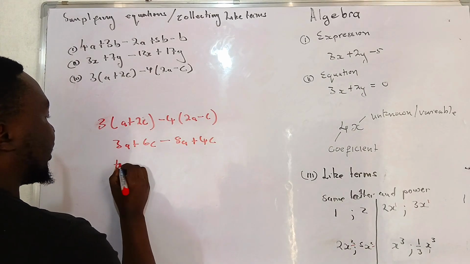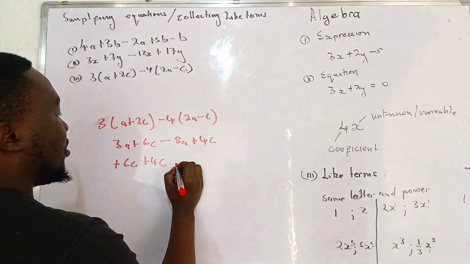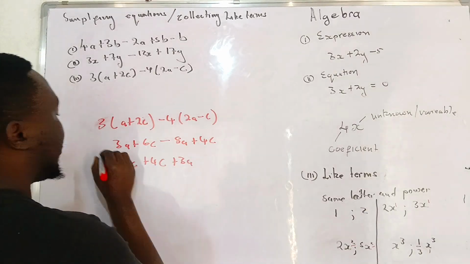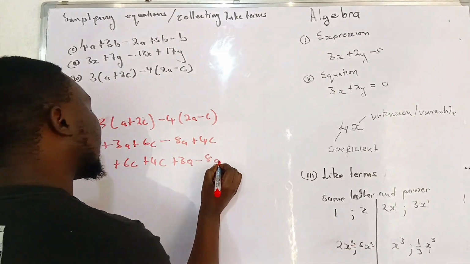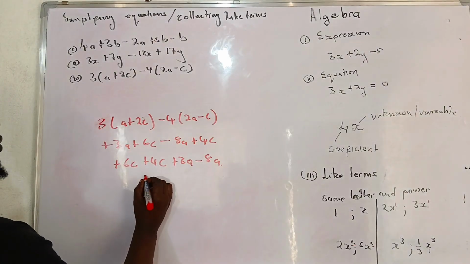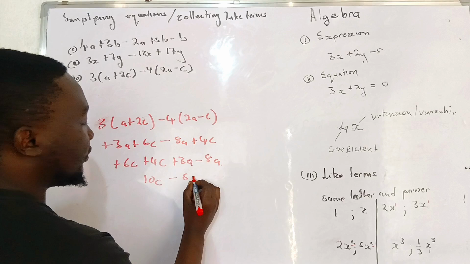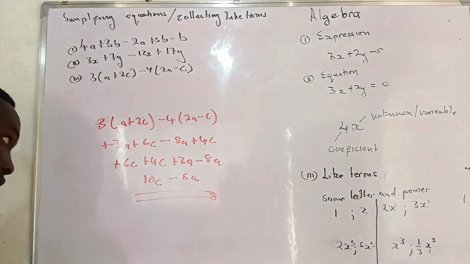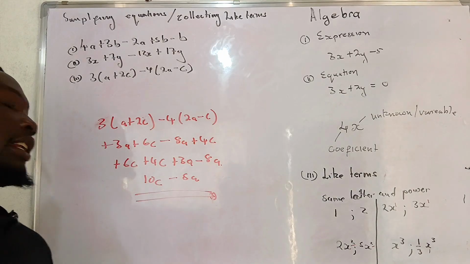So you have plus 6c plus 4c. Then you have plus 3a. Remember, this is addition. Plus 3a minus 8a. So this is going to be 10c minus 5a. So this is an expression, 10c minus 5a.